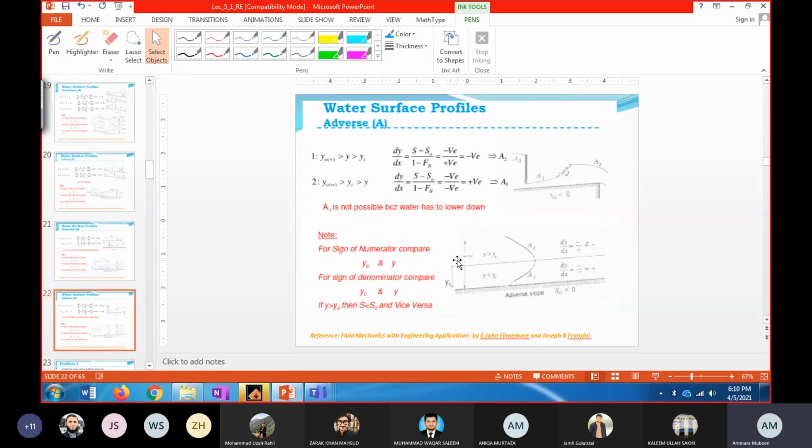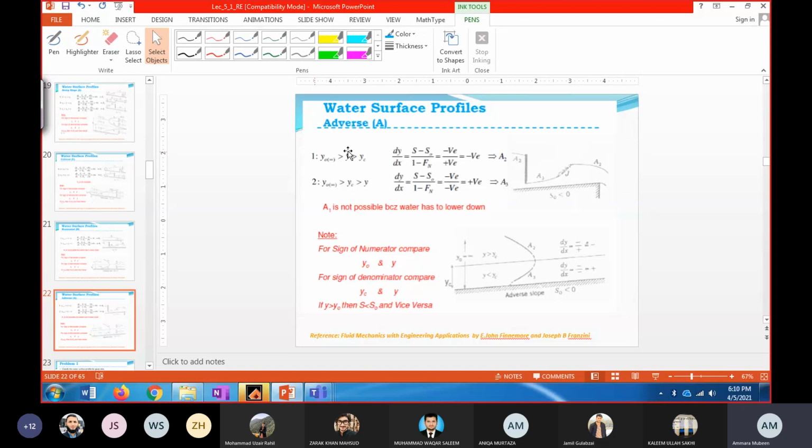In adverse slope, the uniform flow depth is infinity. So this uniform flow depth would always be greater than any flow depth practically occurring, or the critical depth.